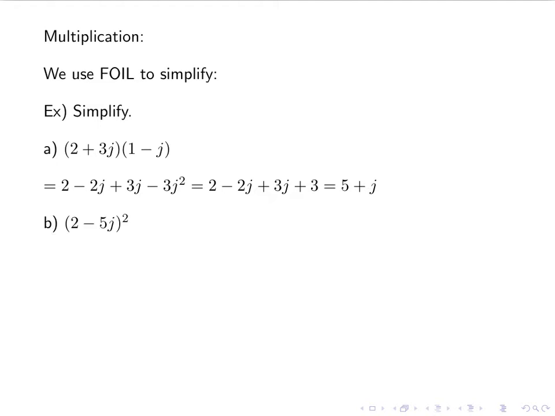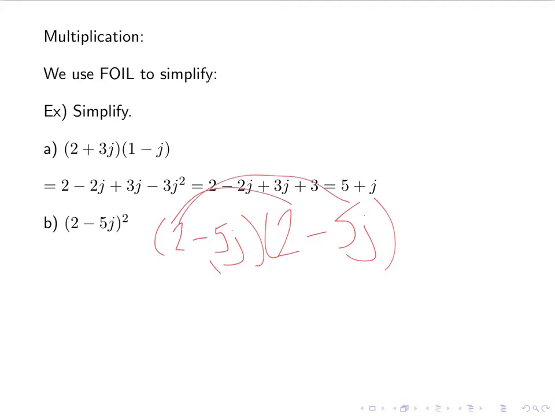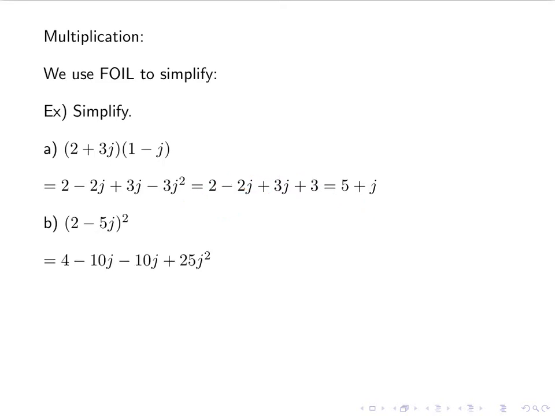If I have a complex number being squared, remember that just means 2 minus 5j times 2 minus 5j. And again, we'll FOIL it. So first, outer, inner, last. That will give us 4 minus 10j plus 25j squared.